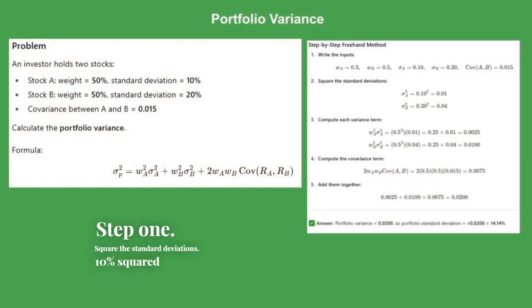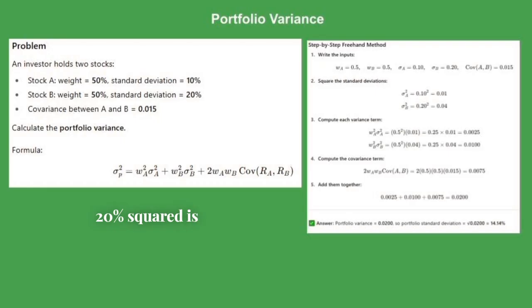Step 1, square the standard deviations. 10% squared is 0.01. 20% squared is 0.04. Step 2, compute each variance term. Weight of A squared is 0.25. Multiply by 0.01 and you get 0.0025.